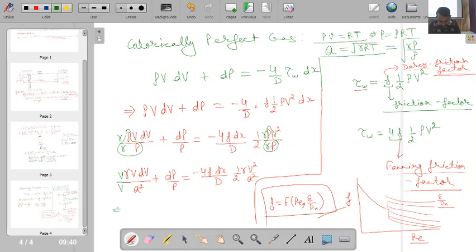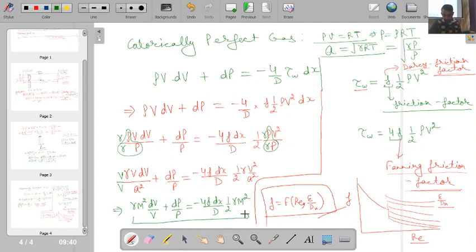So from here I will get gamma Mach number square into dv by v, plus dp by p equal to minus 4f dx by d, and here I will get half gamma Mach number square. Okay, so this is an important finding.